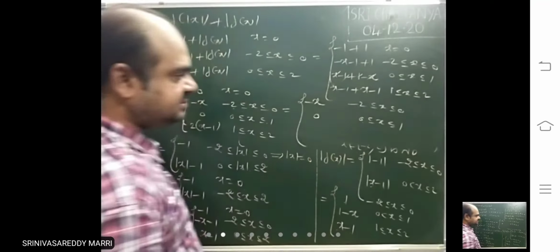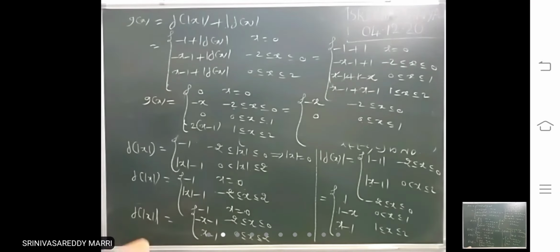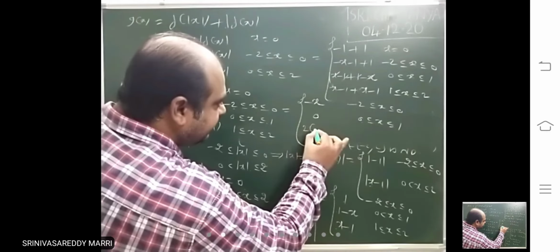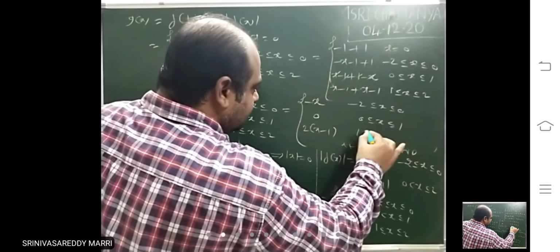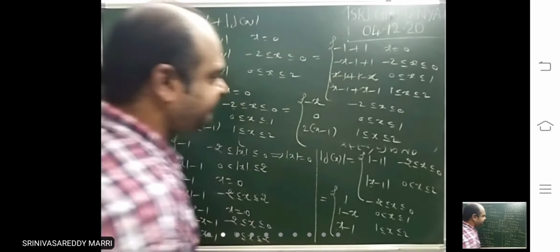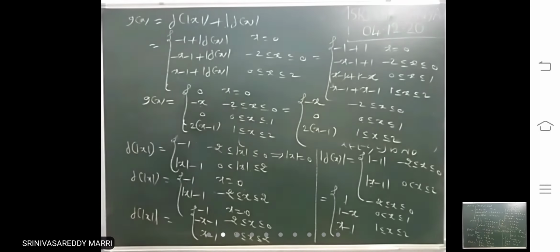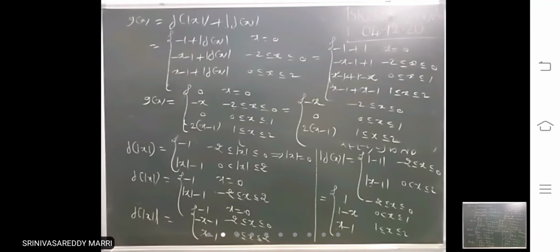At x equal 0, 0 only. Then 2 into x minus 1 when x lies between 1 and 2. Now you got clear definition of g of x. After writing this, you can easily check where it is continuous, where it is differentiable.